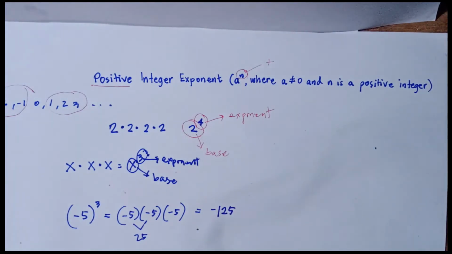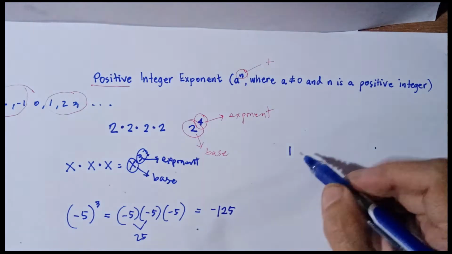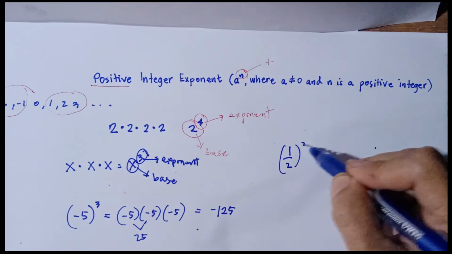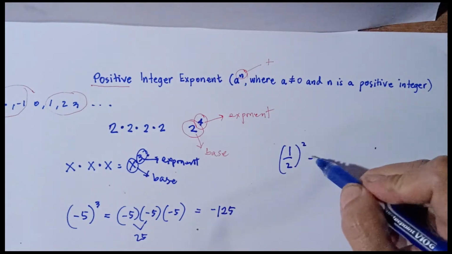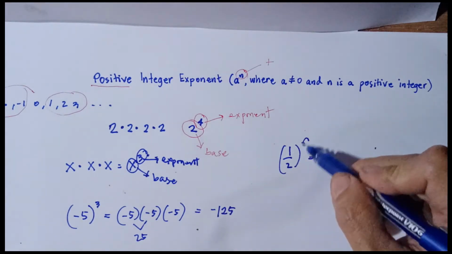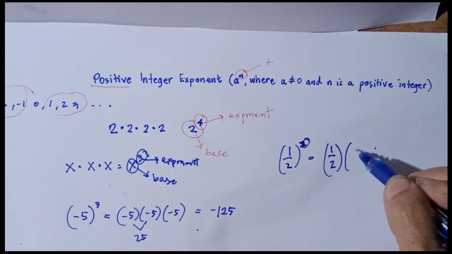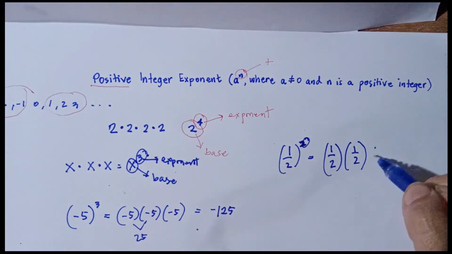We also have fractions. How about a fraction? We have 1/2 raised to the power of 2. How many 1/2 do we have? We have 2, so 1/2 times 1/2. What is our answer?